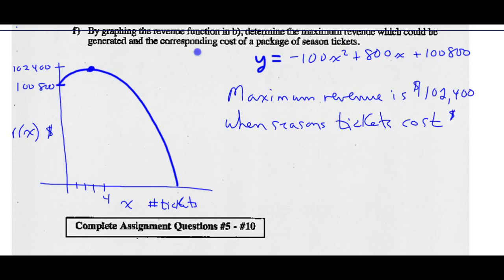So 4 increases of $5 was 20 plus 140, $160. All right. Excellent.